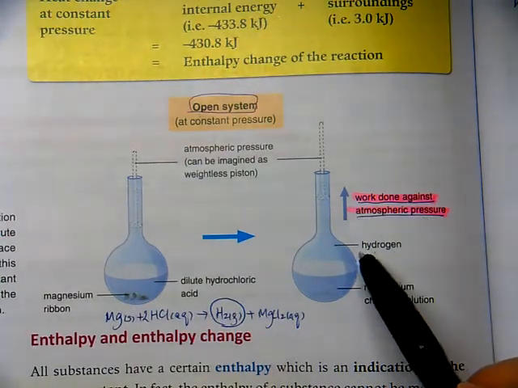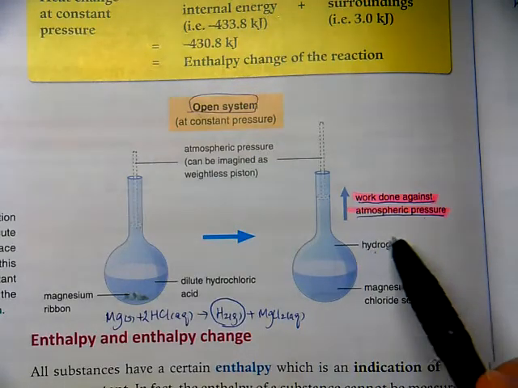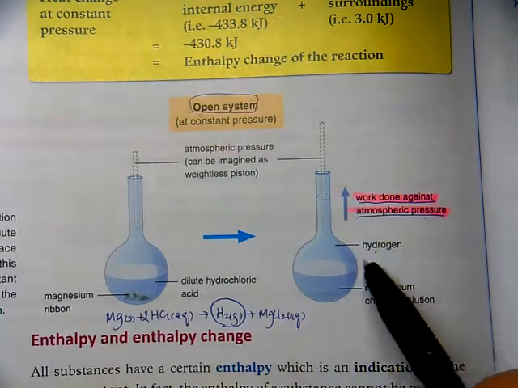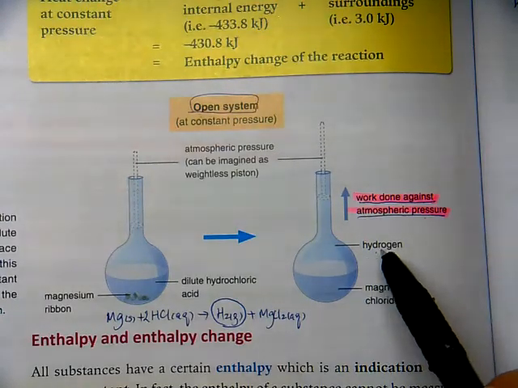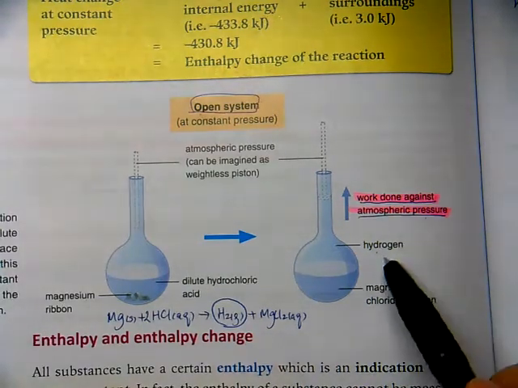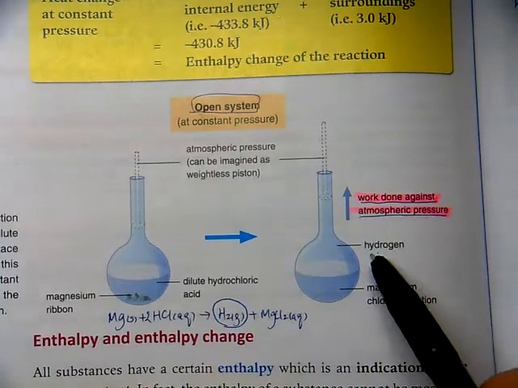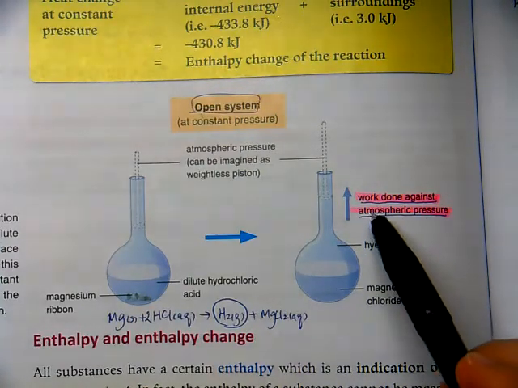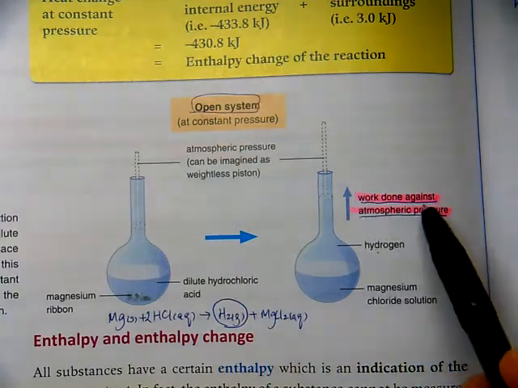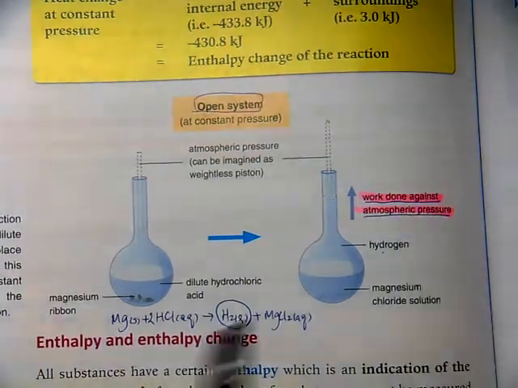In this situation, there is a change in the number of mole of gaseous molecule, which is the hydrogen gas, the only gaseous product. As there is a change in the volume, so we have to do work against the atmospheric pressure.